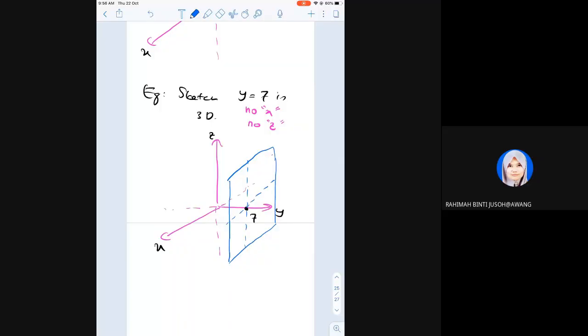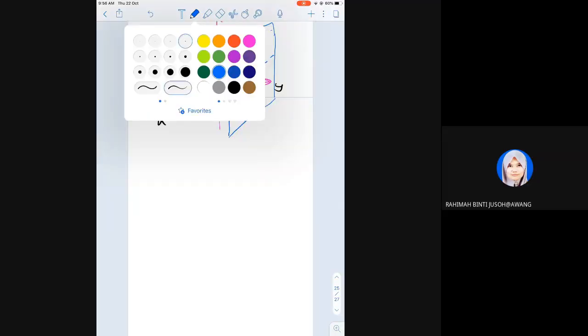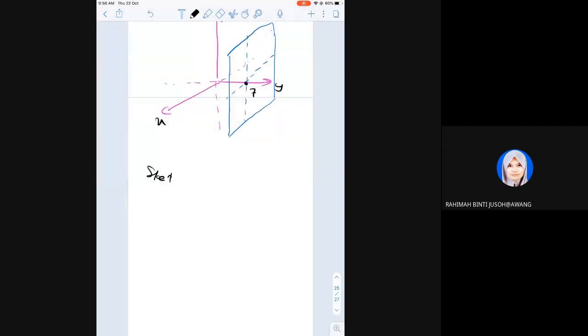Alright, now sketch. Next question. Sketch 3x equals to 8 minus 5y in 3D. Okay, so now we use intercept form.